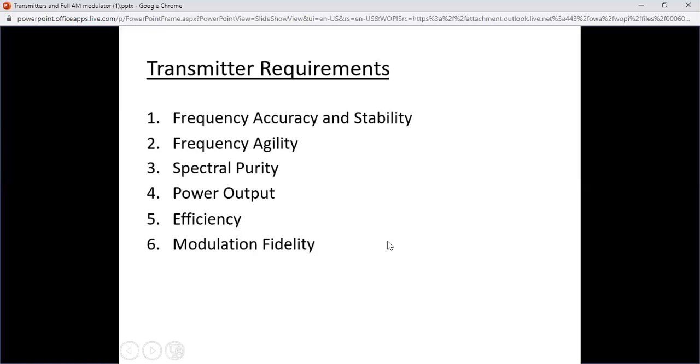In addition, compression is used to keep the modulation percentage high, where it distorts the original signal by reducing the dynamic range, which results in an improved signal-to-noise ratio at the receiver.